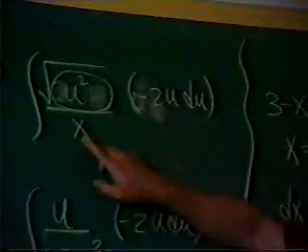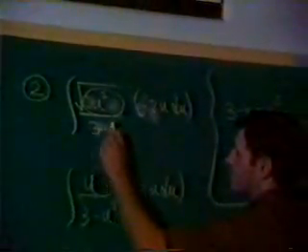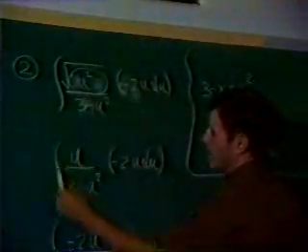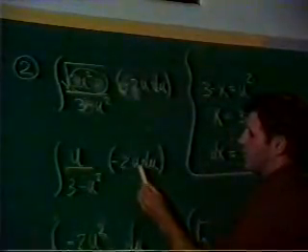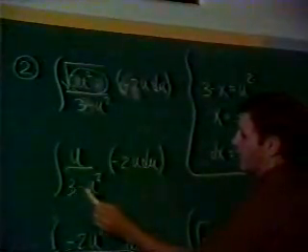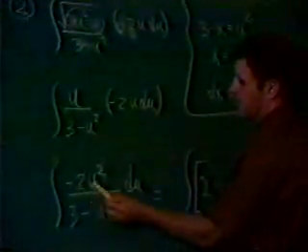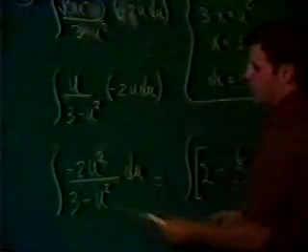That also forces us to replace x with 3 minus u squared. Making those replacements and simplifying, I'd get the integral of u times minus 2u du all over 3 minus u squared. Simplifying further, I'd get the integral of minus 2u squared du all over 3 minus u squared.